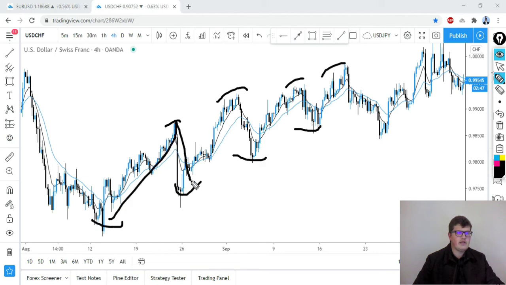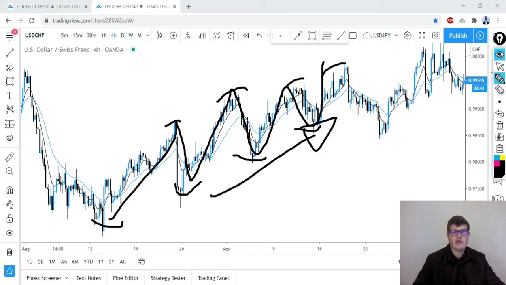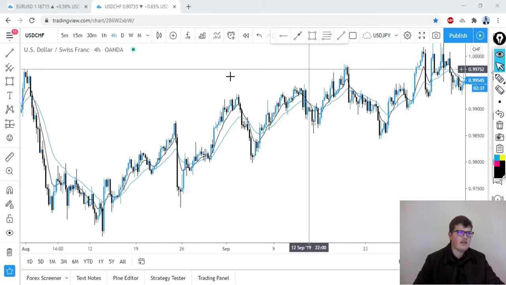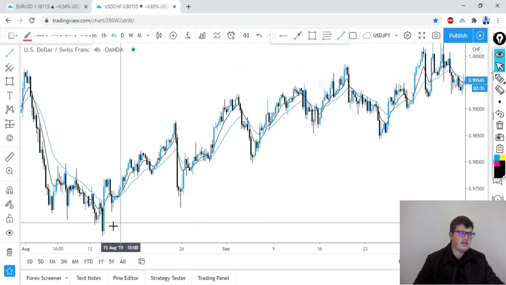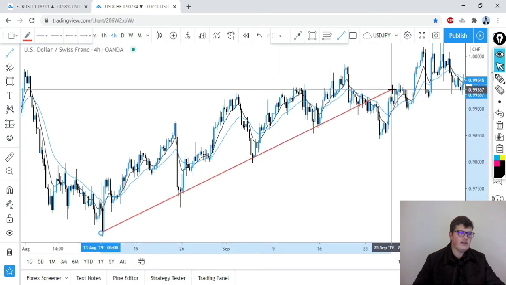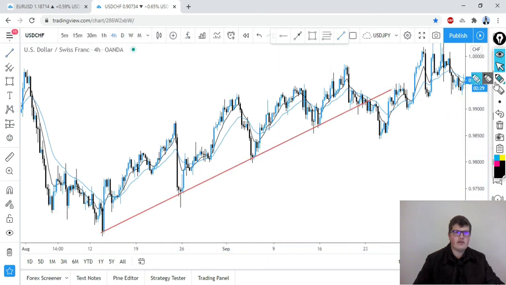So you can see the market is just moving upwards. So now we need to draw a trend line to visualize this upward move, and we do that by connecting at least two of the valleys below like this, with a third being a confirmation. So this is the first, second, third and fourth.